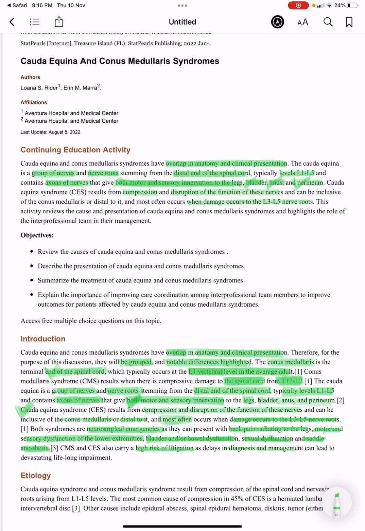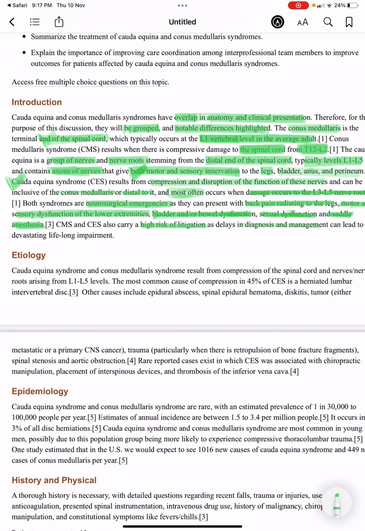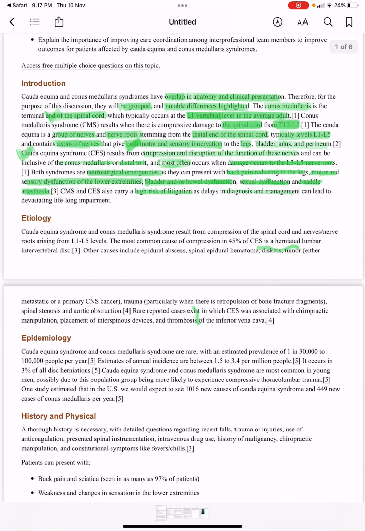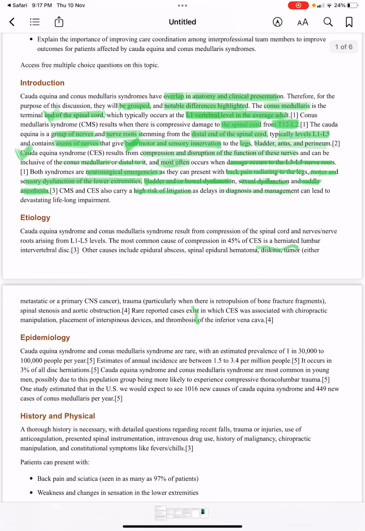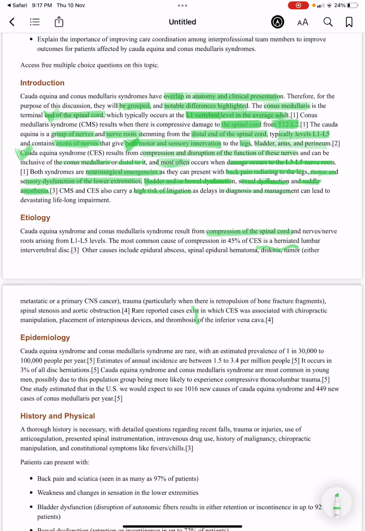So Cauda equina and Conus medullaris syndrome result from compression of the spinal cord and nerves or nerve roots arising from L1 to L5 levels.